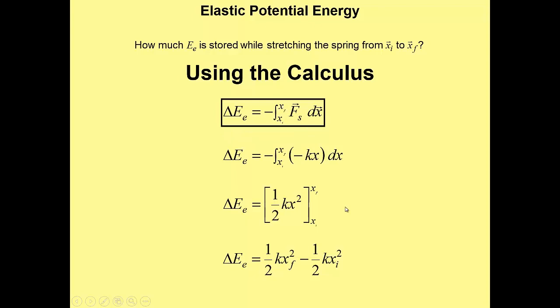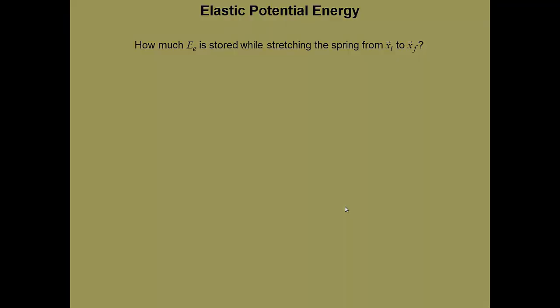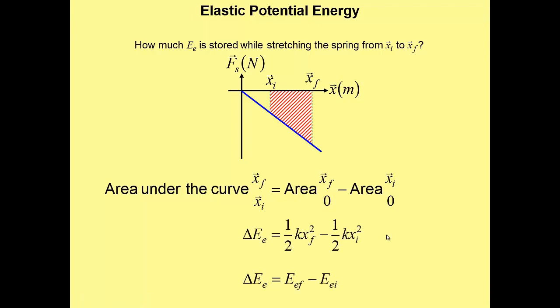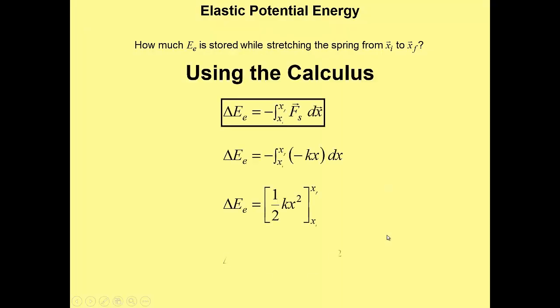Because graphically, what we are really doing is evaluating the big triangle and subtracting off the little triangle. We are taking the whole area and subtracting this off. We are evaluating this function from the final value and subtracting off the initial value. That is the calculus of this situation.